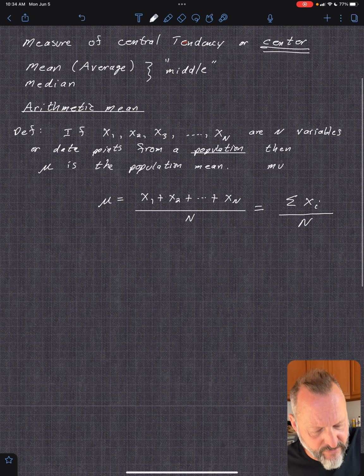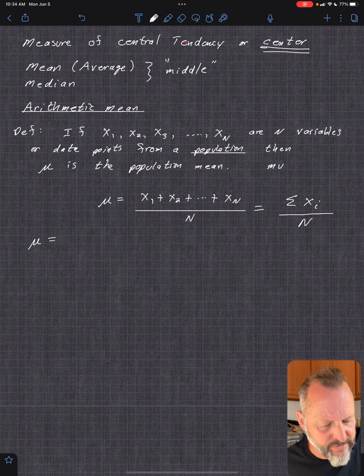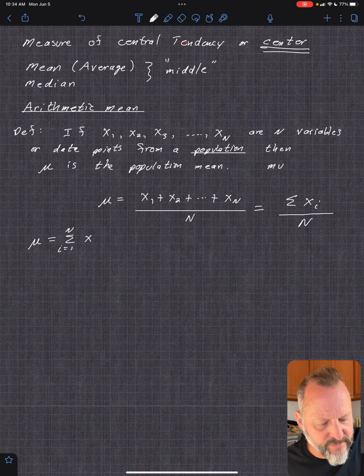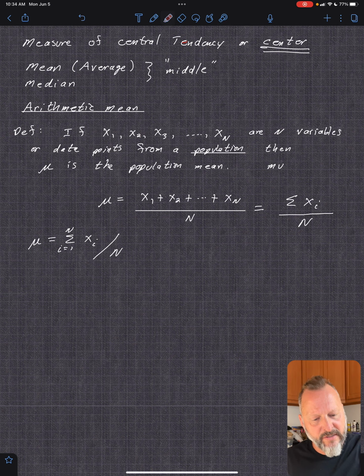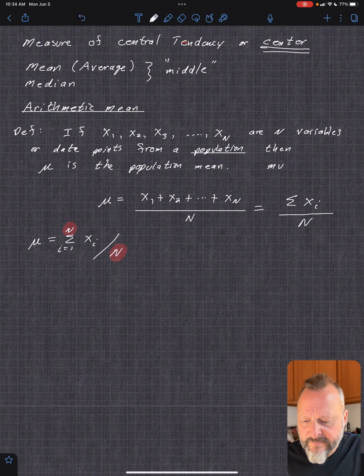Another way of saying it is that mu is the sum as i goes from 1 to n of x sub i, and then you divide by n, however many there are. Those, of course, have to match. So that is considered the population mean.